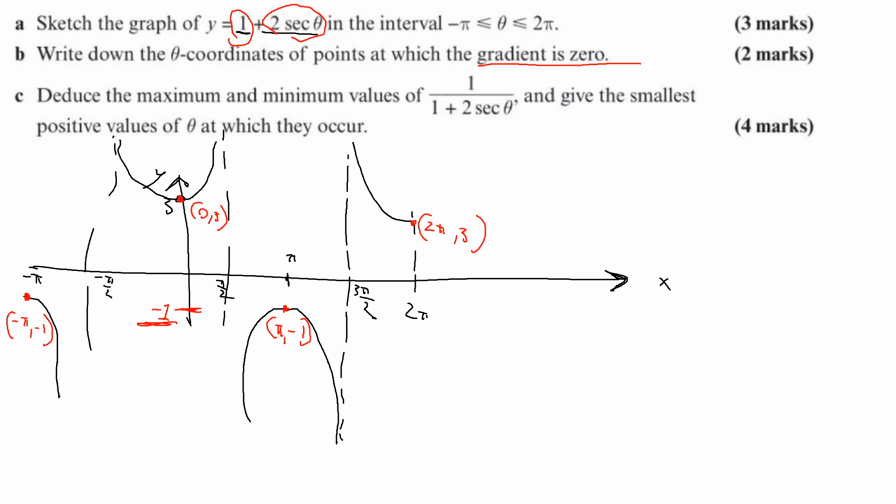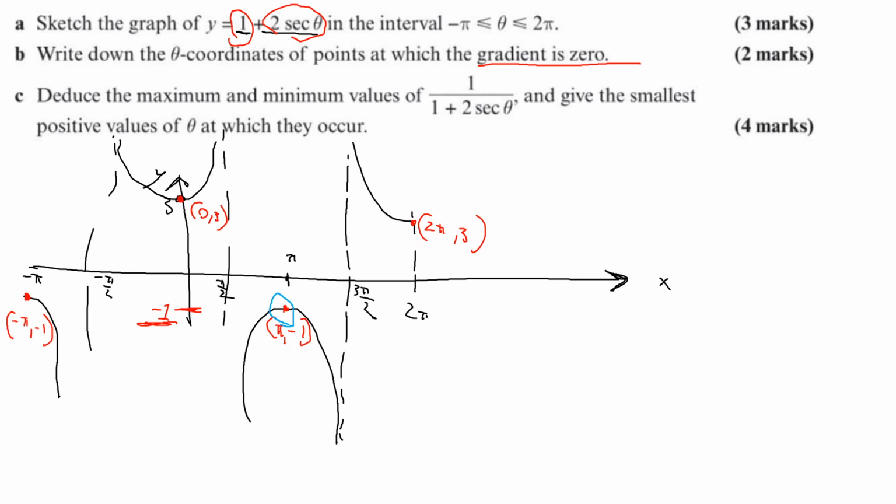Now, deduce whether the minimum or maximum points of 1 over 1 plus 2 sec theta, and give the smallest points of theta at which they occur. Okay, so the first thing we need to realize is the minimum value, what's the minimum point of this graph, right? Exactly, it's at minus 1, isn't it?